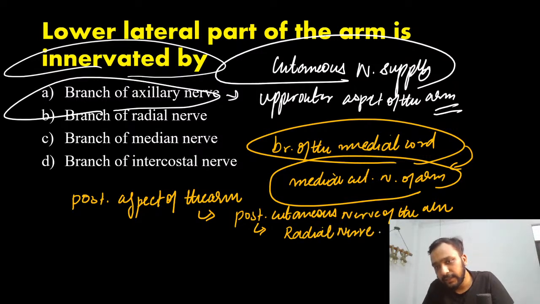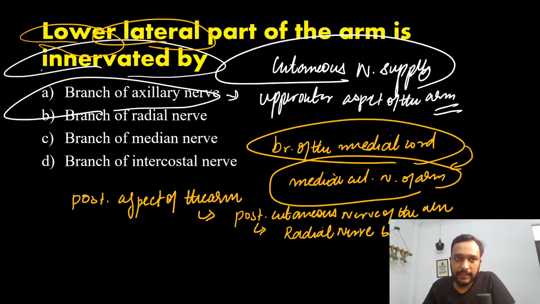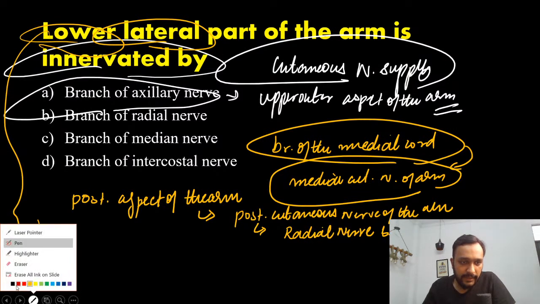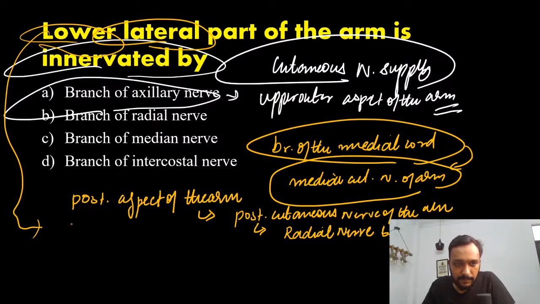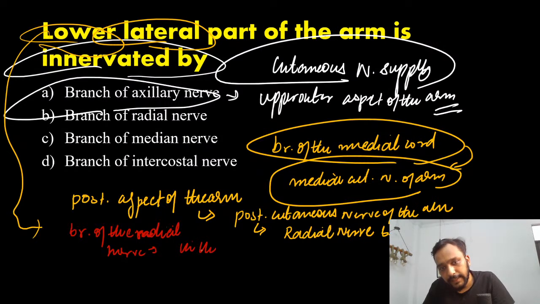Before it enters the spiral groove. Okay, then guys, the question that we were discussing here: the lower lateral part of the arm is innervated by a branch of the radial nerve in the spiral groove, right?